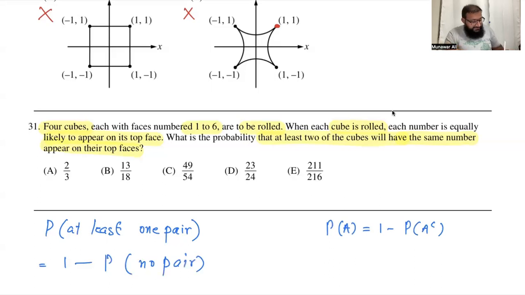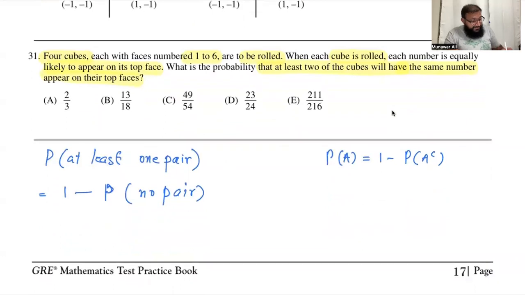So I have to find the probability that no pair exists, and this is going to be my answer. We can do it directly as well, but it's going to be a bit tedious and it will take a great amount of time. So let us do it this way. We have basically 4 cubes. So let me draw the cubes.